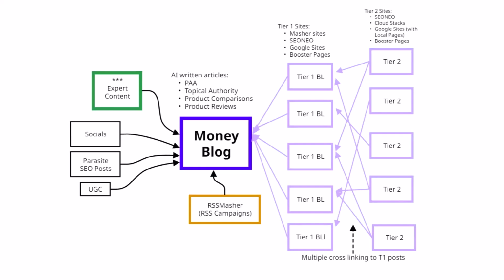We have complete training on how to do it, and we're going to devote a Geek Out Friday just on this combination: RSS Masher using AI Masher to rewrite as RSS campaigns. Okay, completely unique content, and it's a set it and forget it system. That's the beauty. If you got both tools, RSS Masher and AI Masher together, you can set this up.